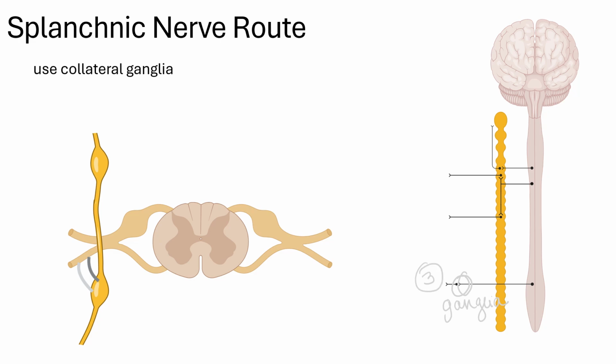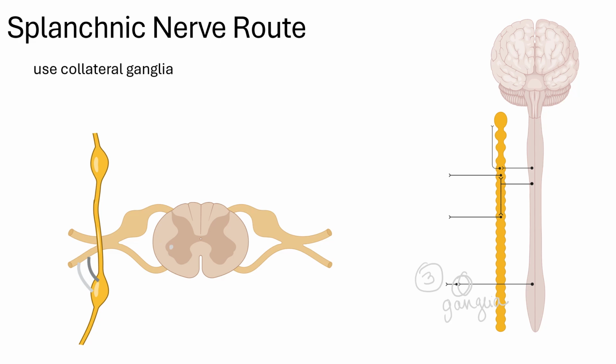Remember that collateral ganglia were these bunches of unmyelinated cell bodies and axon terminals that were located further out in the abdomen or pelvic cavities. There were 3 collateral ganglia in the parasympathetic nervous system, but of course, there are many more in the sympathetic nervous system.